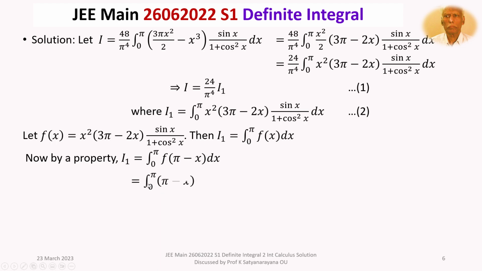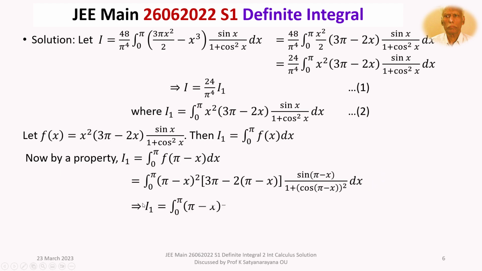That will be equal to integral 0 to pi x square, that is pi minus x whole square, into 3 pi minus 2 into x, that is pi minus x, into sin of pi minus x by 1 plus cos of pi minus x whole square, with respect to x.